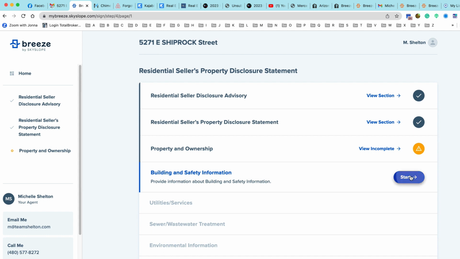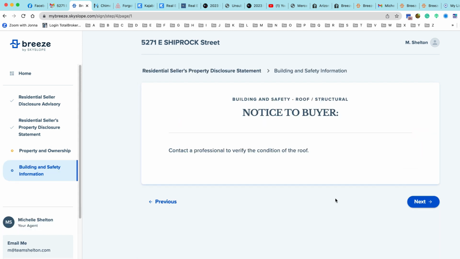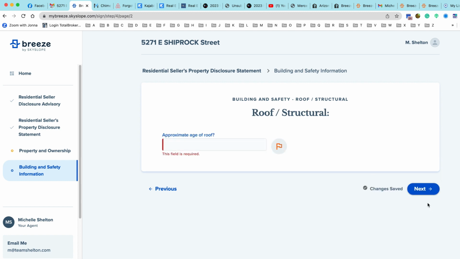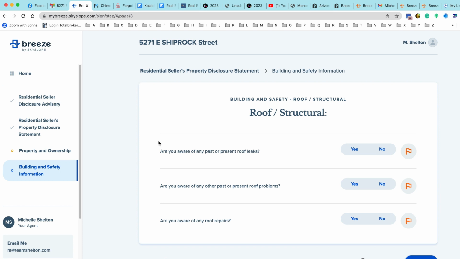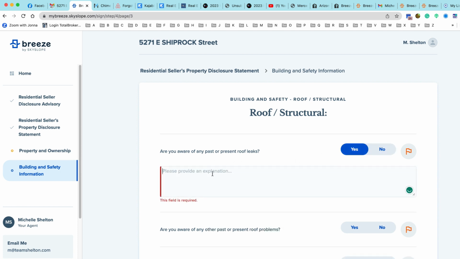Building and safety information. You can start the next section. Contact a professional to verify the condition of the roof. Okay. Oh, that's to the buyer. Approximate age of the roof is, we'll do 2 years. Are you aware of any past or present roof leaks? Yes.